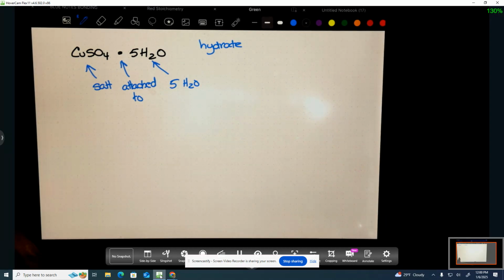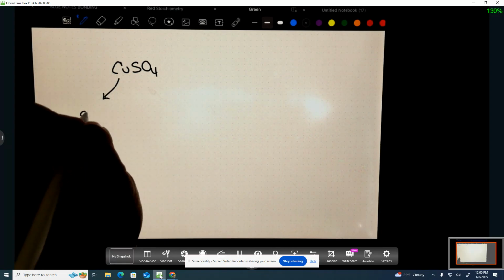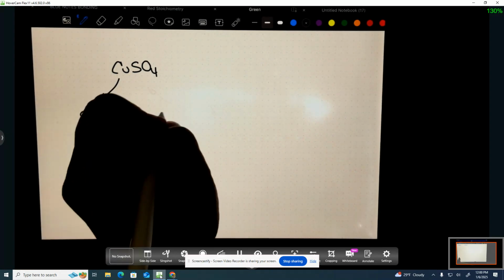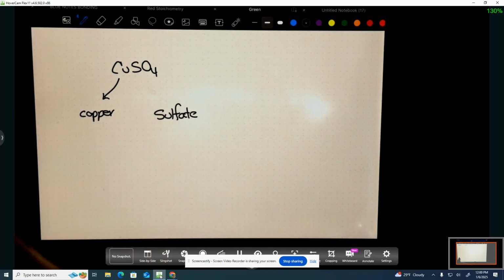Okay, let's hold on. Let's back up because it's going to be on the midterm. Let's take just the copper sulfate, right? You know that this is copper, and this is sulfate. When you look at copper on your periodic table, take a little gander over at your periodic table, find copper, and put your finger on it.